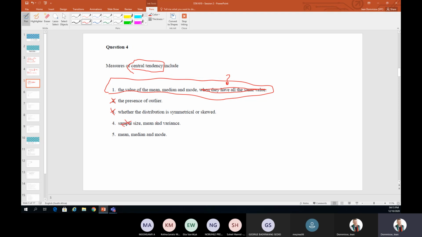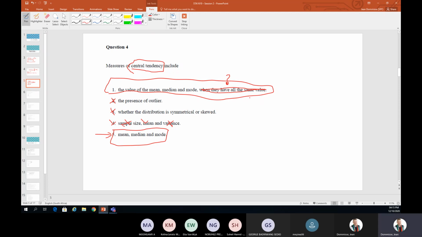The mean is correct, and also not the variance, so it's not that. Mean, median, and mode. Okay, so that is the correct one. Again, for measures of central tendency, you don't need them all to be the same, as they say in option 1.